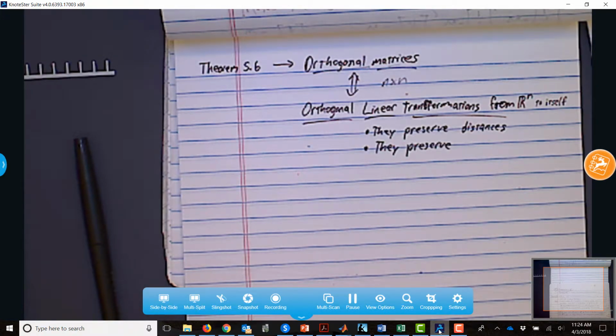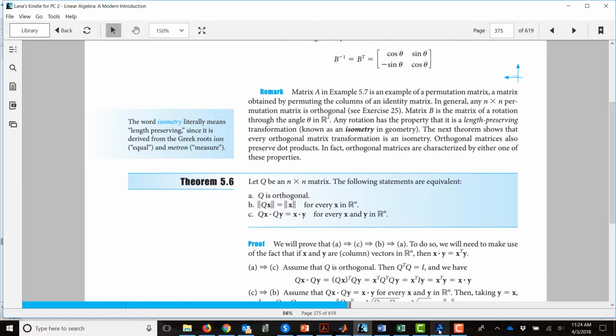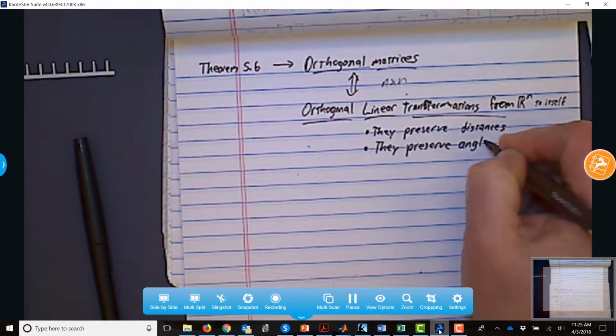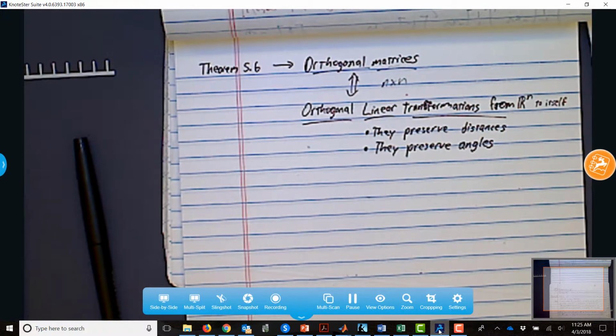The theorem says they preserve dot products, but because of that, they preserve angles. And you guys that are interested in linear algebra for engineering reasons or for video reasons, you want to study.